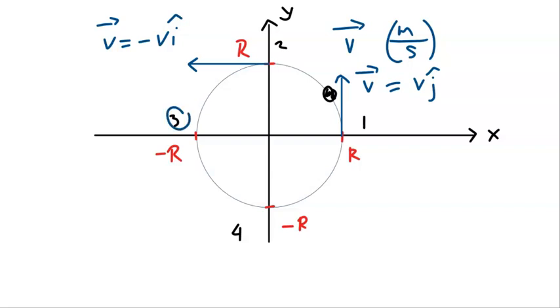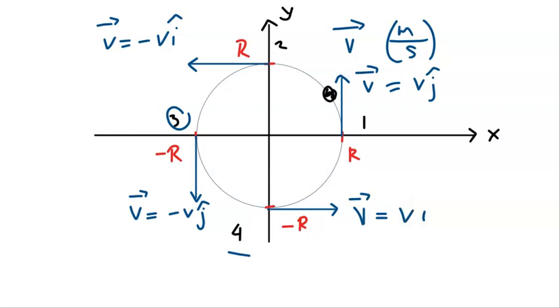When the object reaches point number 3, its velocity will be in the direction of minus j hat. So the velocity vector is written as minus v j hat. Next, point number 4. At point number 4, obviously the velocity will be heading like that, with the velocity vector now taking the following form, v i hat meter per second.